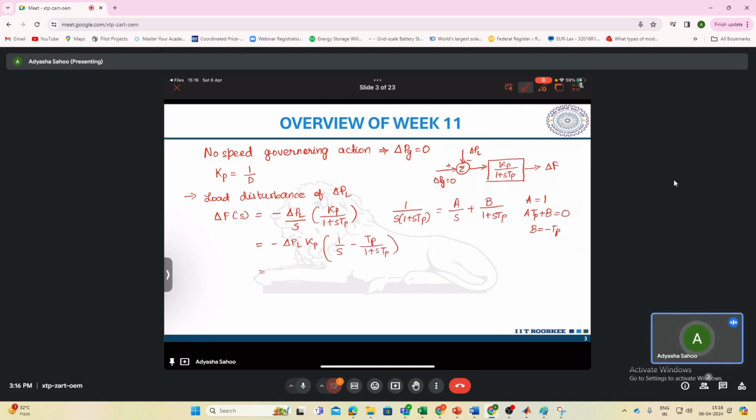So we can simplify that as minus delta PL Kp into 1 by S minus, dividing by Tp in numerator and denominator, 1 by S plus 1 by Tp.